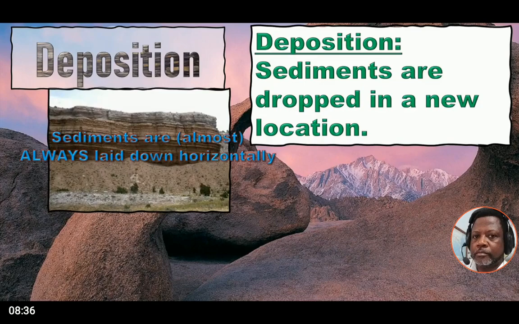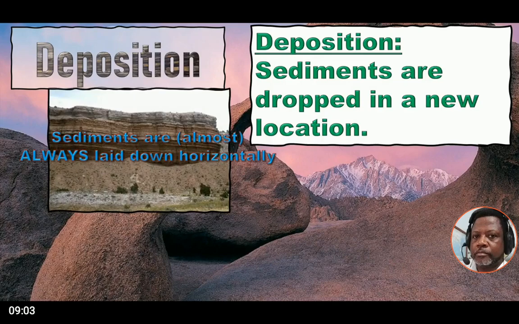Once the material starts to move, whether by running water, by wind, or by glaciers, meaning ice slowly scraping and moving across the land, or the waves of the sea moving material like sand from one point to another, that's erosion.